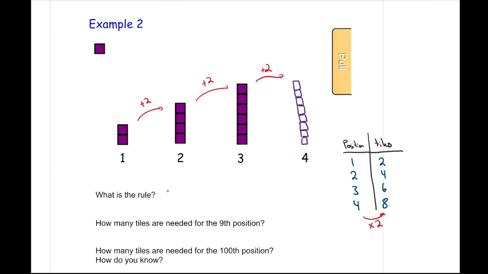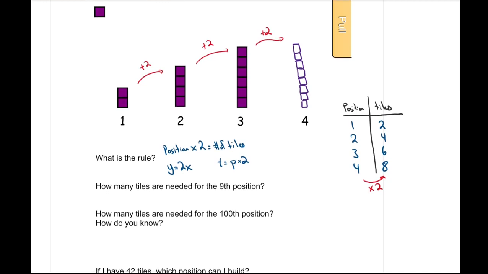Because for our rule, you could say position number multiplied by 2 equals number of tiles. You could say y equals 2x, or changing the letters, you could say the number of tiles is equal to position number multiplied by 2. Again, all different ways to represent the rule.